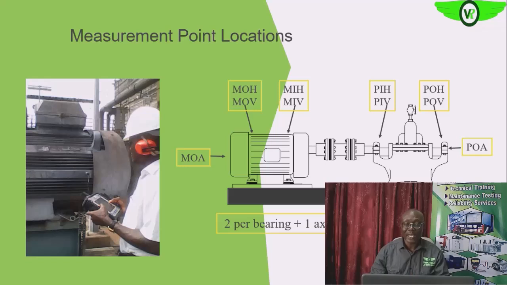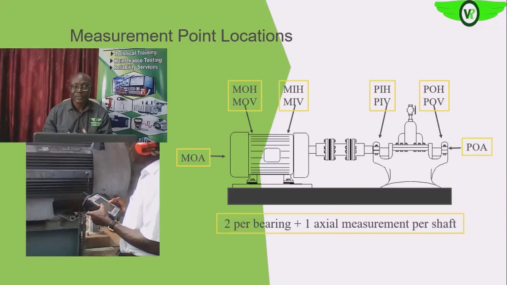Now, like we said earlier, we have three orientations or positions at which we can measure the vibration of the electric motor on each of the bearing housings.